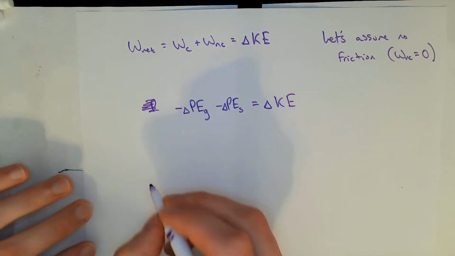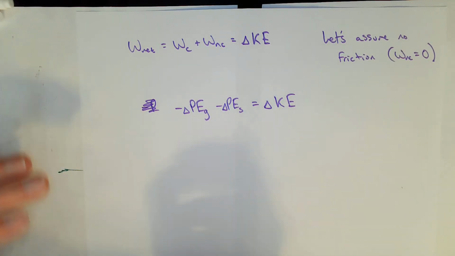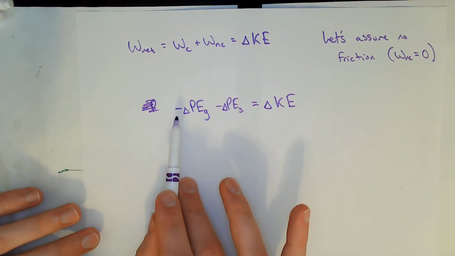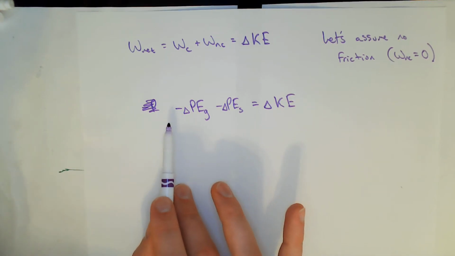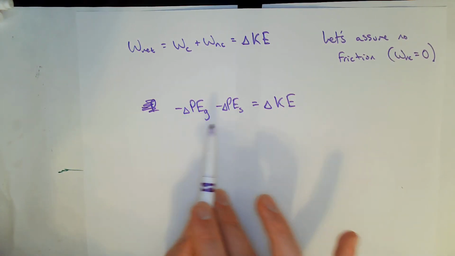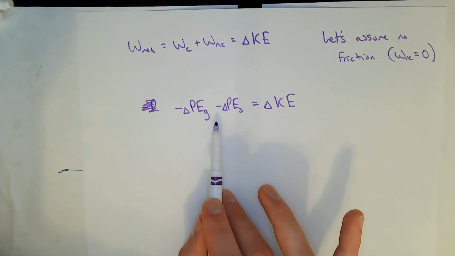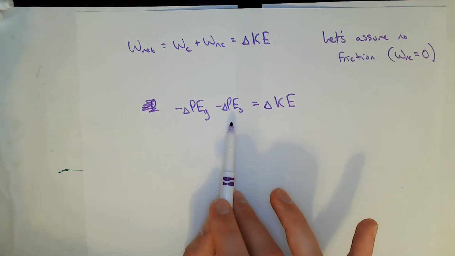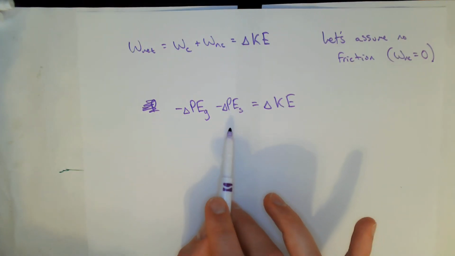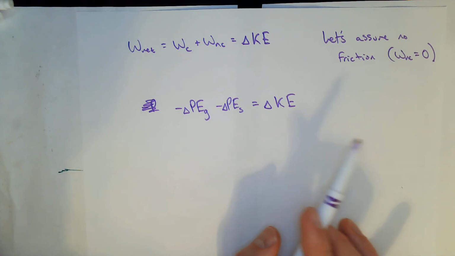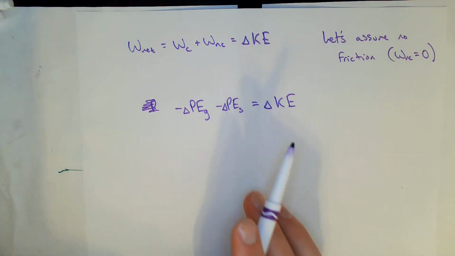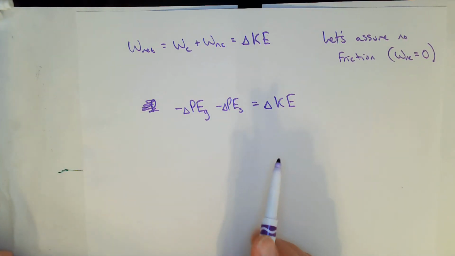That's going to give us this big relationship that I'm going to just go ahead and write down, because we know that this would be PEG initial minus PEG final, and then the first term here would be PE spring initial, and then minus PE spring final equals KE final minus KE initial, and then reorganizing it all.